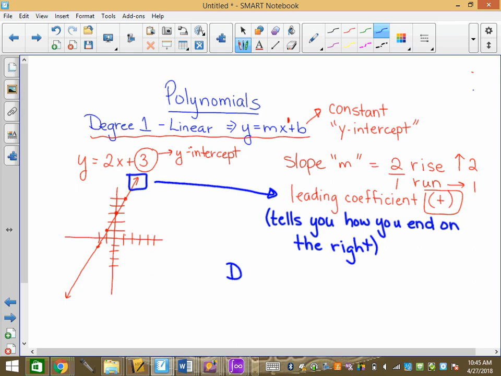What's my domain? What's my domain of this graph? What x values are on it? Everyone should be paying attention because it's new. Or it's old, but you don't remember it. Domain is x or y?